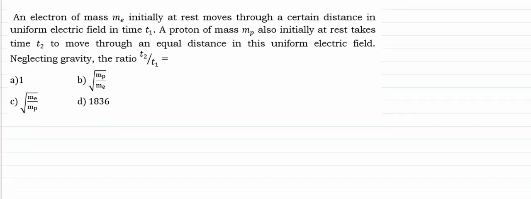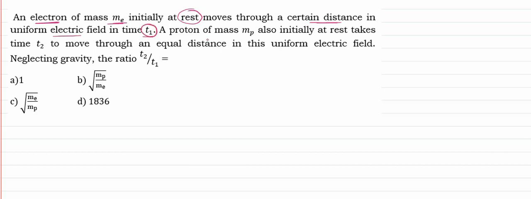Next, third one. An electron of mass m_e, initially at rest, moves through a certain distance in a uniform electric field in time t1.